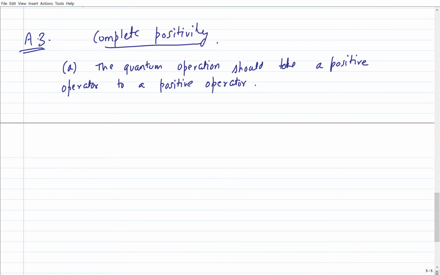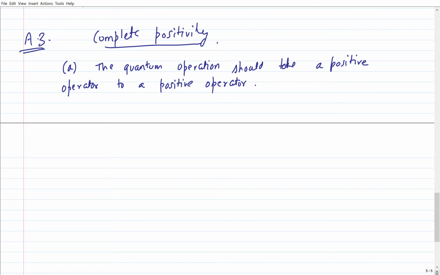So, well, why is that so? The answer is simple: any physically sensible state of a quantum system is a density matrix, that's a positive operator.